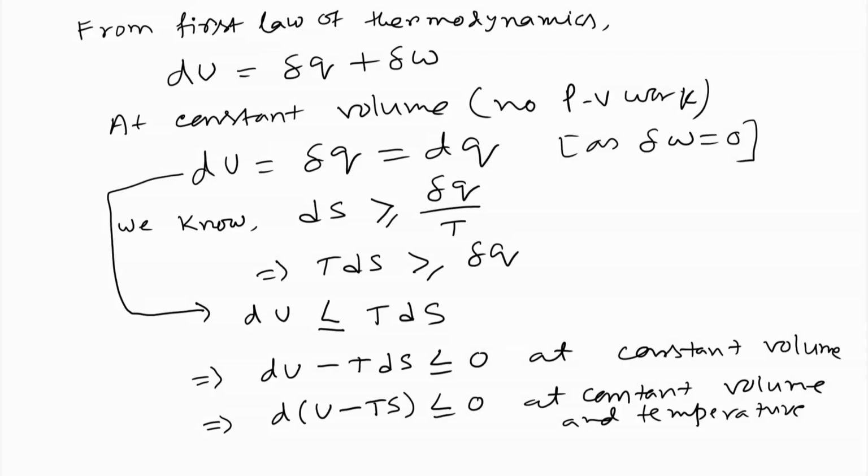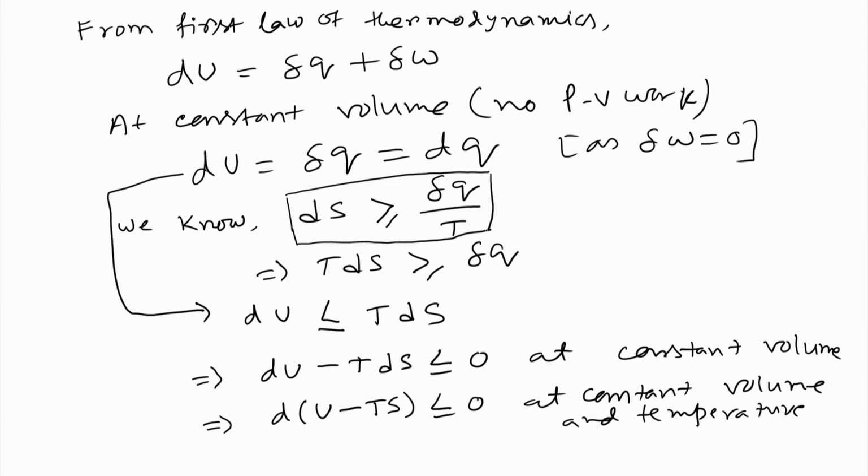And this U minus TS is known as Helmholtz free energy A. Okay. So, A at constant temperature and volume is less than or equal to 0. If you go back and check, we used the classical Clausius inequality here.